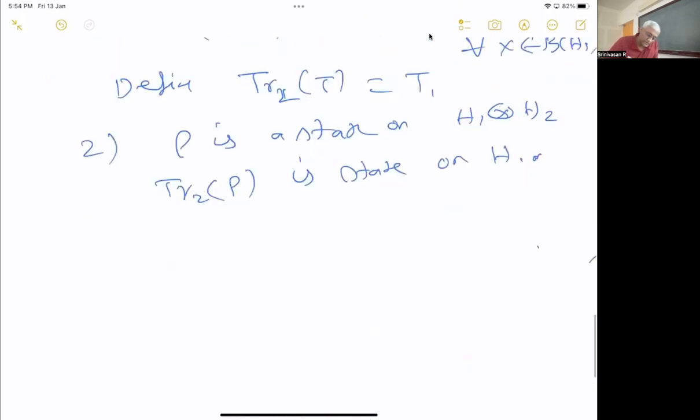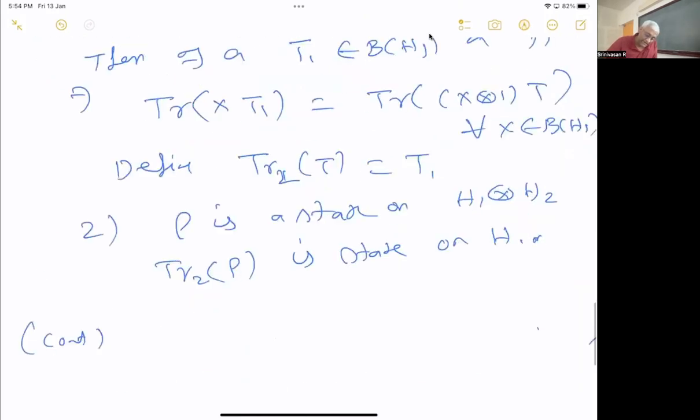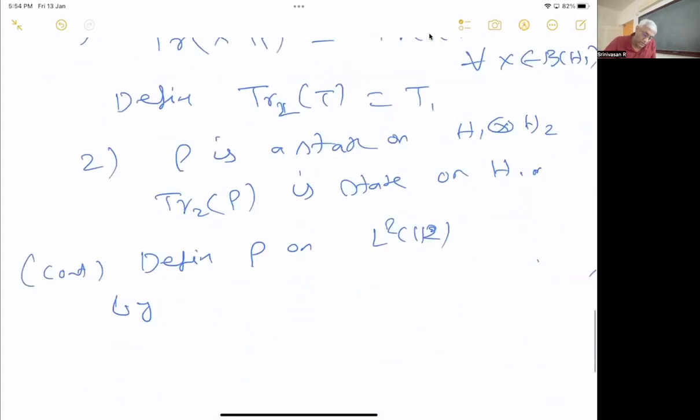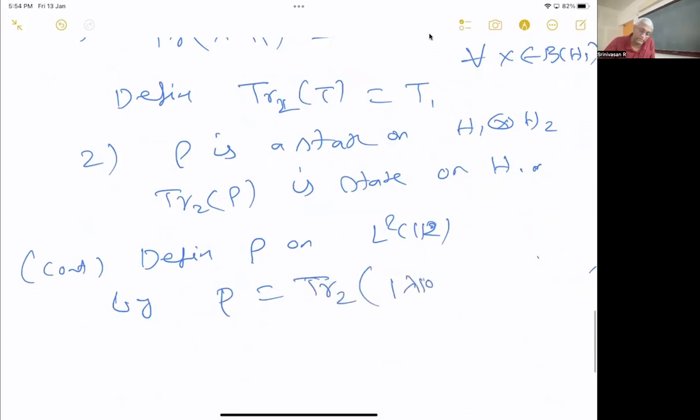Now, continuing. Define rho on H, which is L2 of R, by rho equal to trace 2 of this, lambda 0.